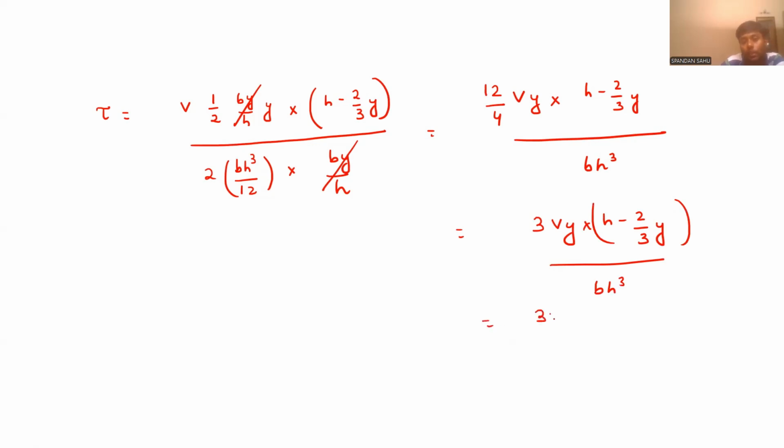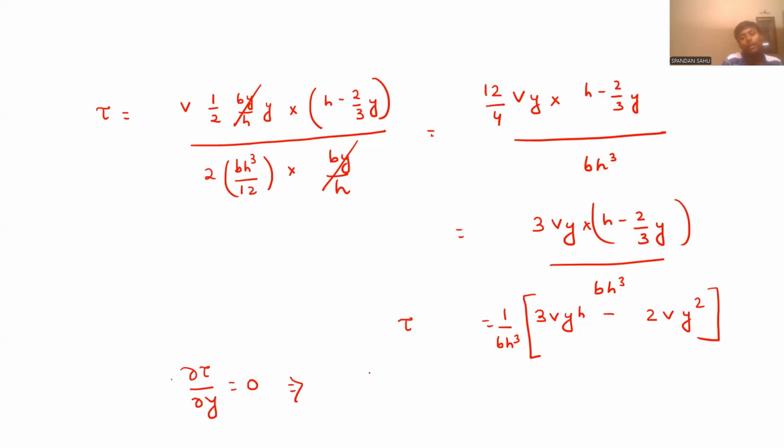So 3V, so 1 by bh cube you can take it out: 3Vyh minus 2V y square. Now for tau to be maximum, you can write dou tau upon dou y equal to 0.